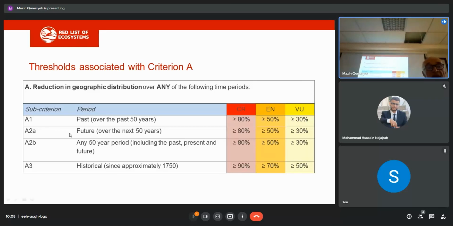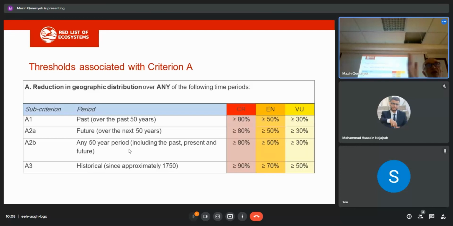After, the sub-criterion A2a is a future expected reduction in geographic distribution with exactly the same numbers. So A1 was the past, A2a is the future, and A2b is any 50-year period.